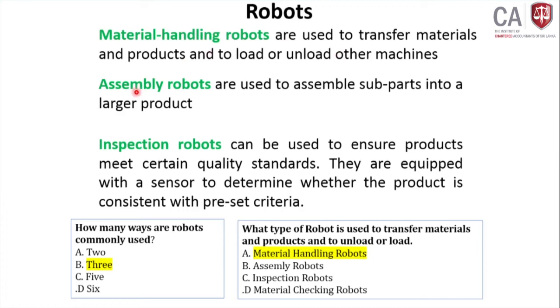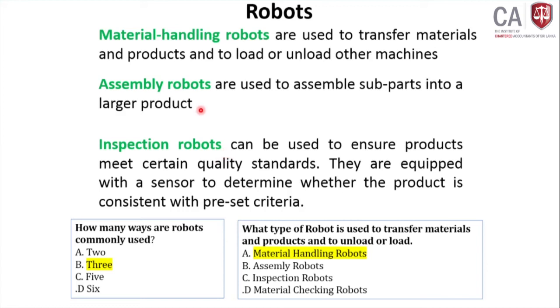And there can be assembly robots, like in the Toyota manufacturing environment. There are assembly parts, sub parts of the cars. So there are some assembly robots. They get together and assemble one car. Inspection support. There are some robots that go and inspect the diseases, inspect the stolen goods, and likewise there can be inspection robots.